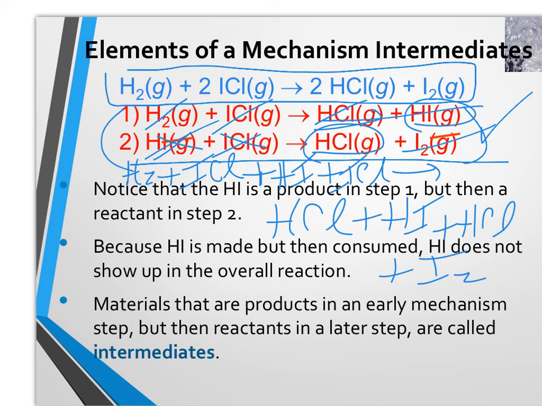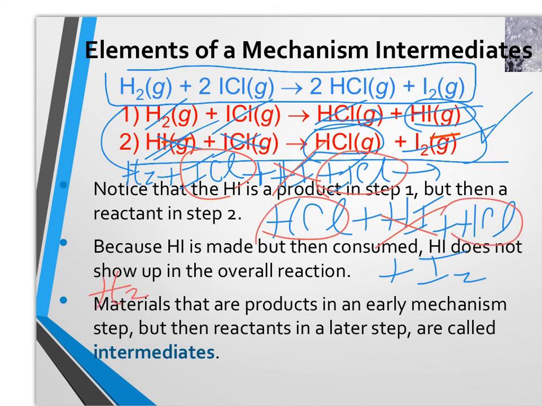Now you want to cross out anything that's the same on both sides and also combine like terms. So right away, the only thing I see that is both on the reactant and product side that I can cross out is HI. And now I'm going to combine like terms. I have two ICl's on the reactant side and I have two HCl's on the product side. So let me rewrite this.